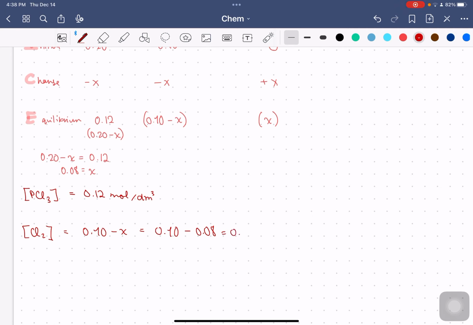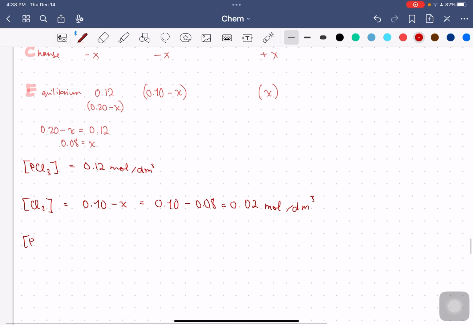It's going to be 0.02 moles per decimeter cubed. Now we're going to have PCl5, which we can also take from over here. It's just going to be x, so it's going to be 0.08 moles per decimeter cubed.